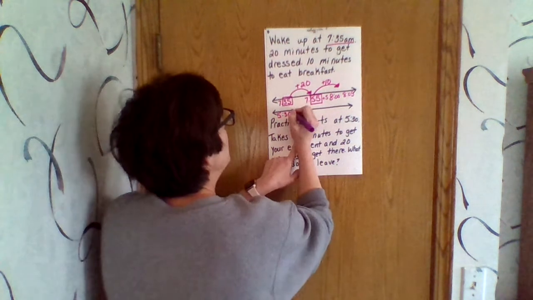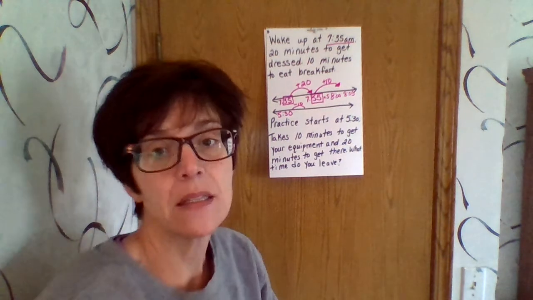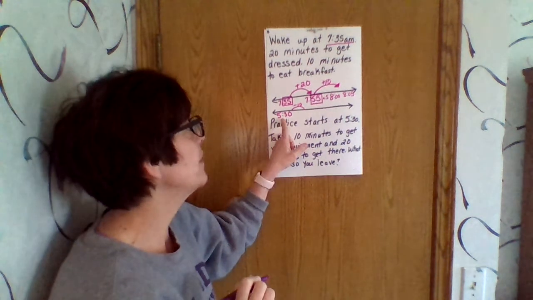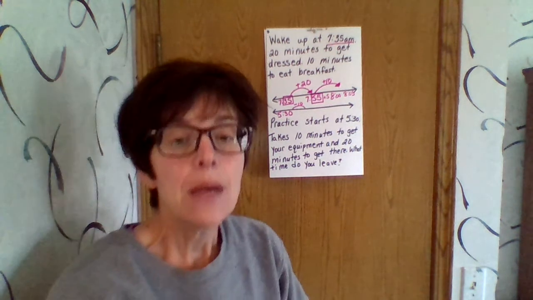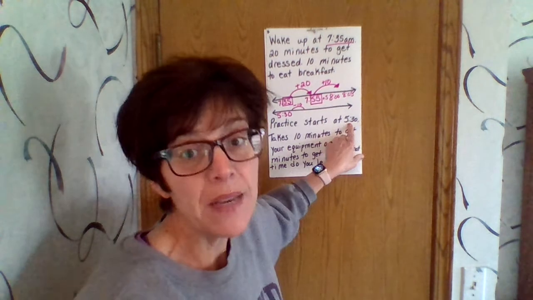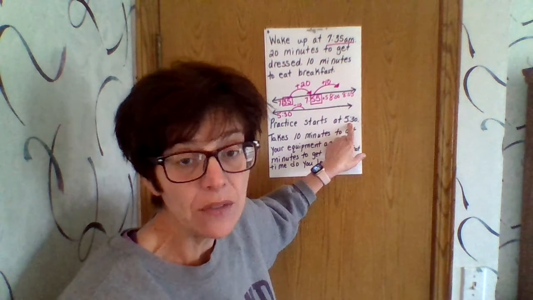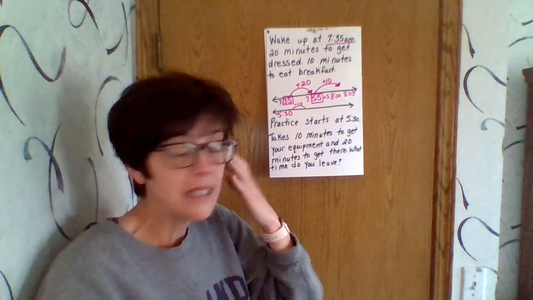So I'm at 5:30, and this time I'm going to take away 10 minutes. So write that on your number line, 5:30, take away 10 minutes. Again, I'm not adding it because I'm not trying to see what time I'm going to get there. I know what time I have to be there. I have to see what time I have to leave.